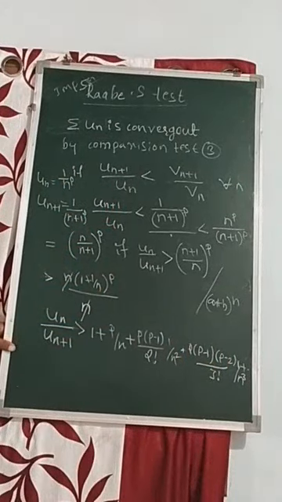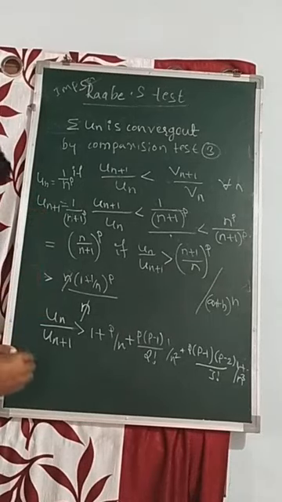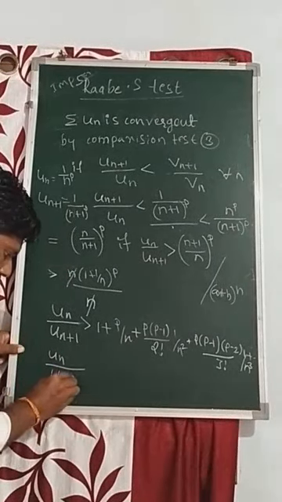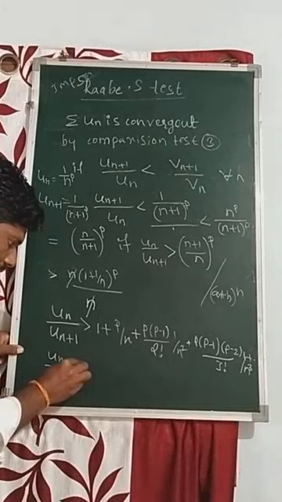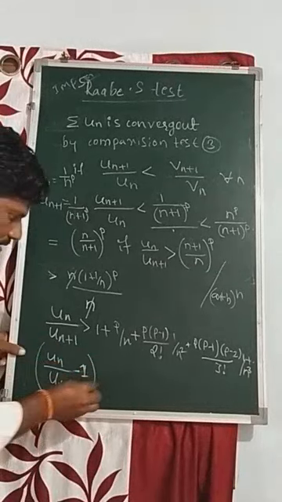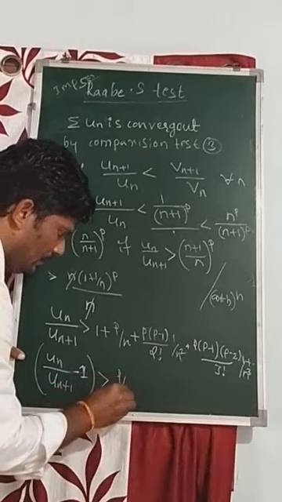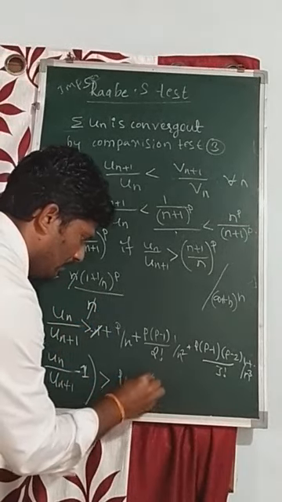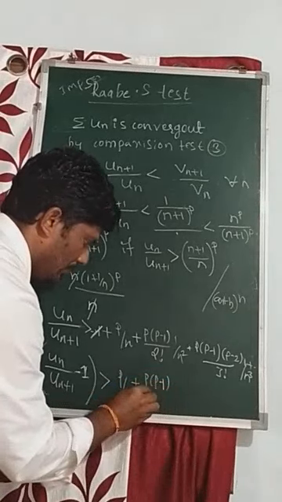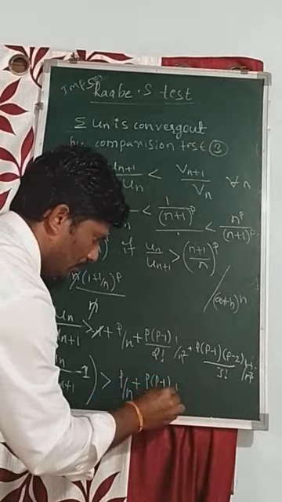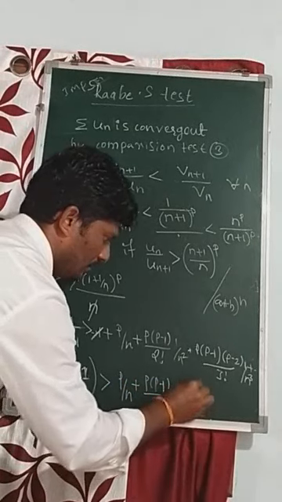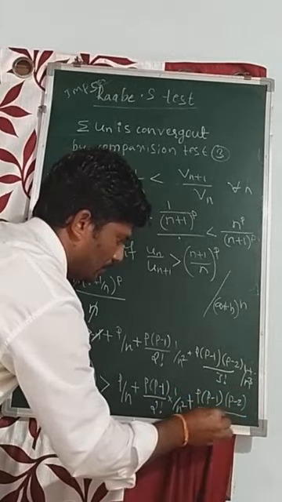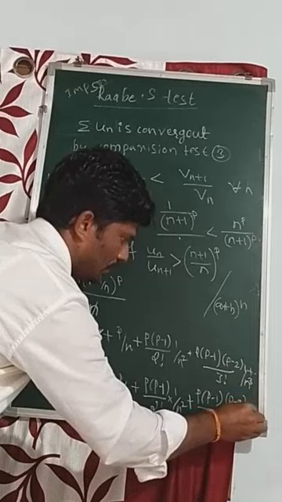Next, take minus 1 on both sides: un divided by un plus 1 minus 1 is greater than p by n plus p minus 1 divided by 2 factorial, 1 divided by n square, plus p minus 1, p minus 2 divided by 3 factorial, 1 divided by n raised to 3, and so on.